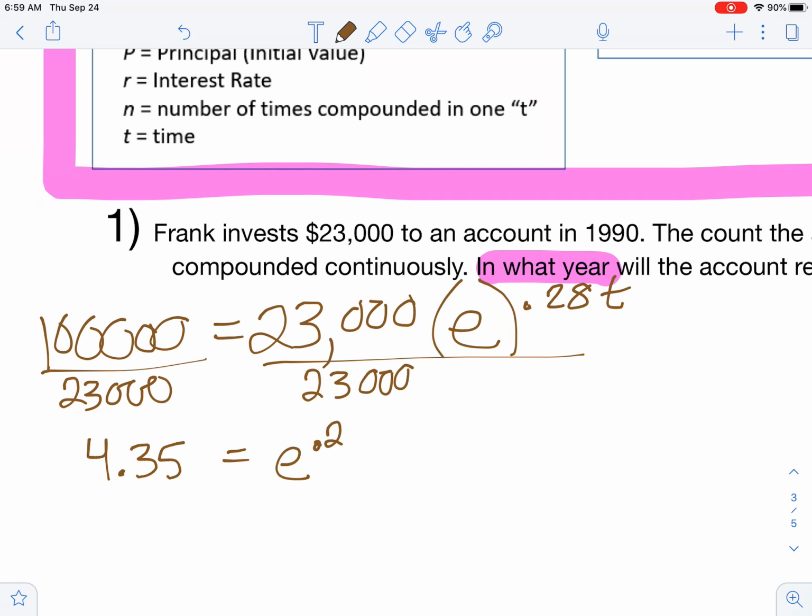I didn't write that correctly up here. There's a 0 in front of that, but let's write that right. So now we're going to change it to a natural logarithm.